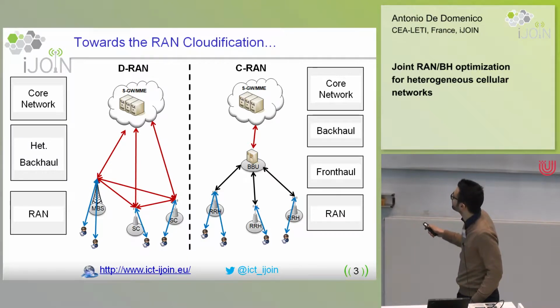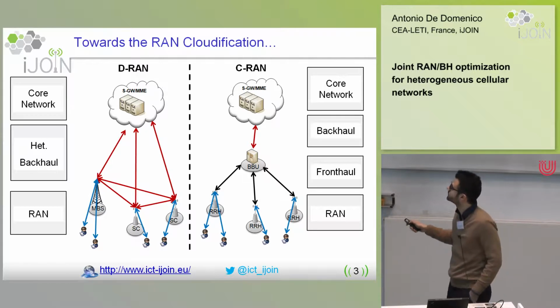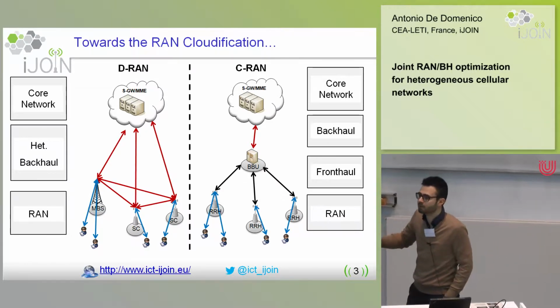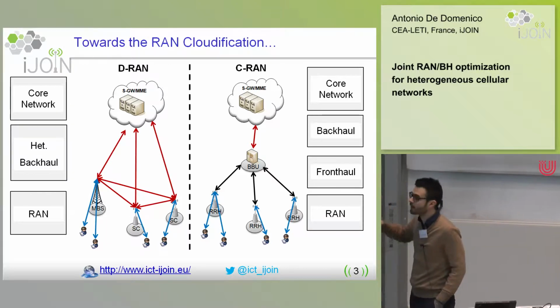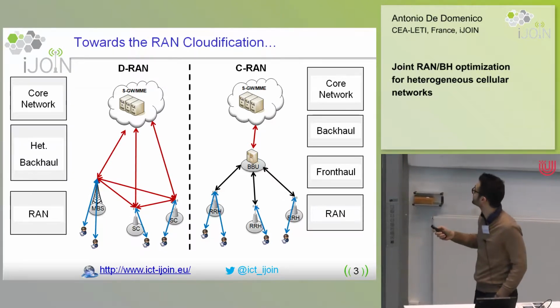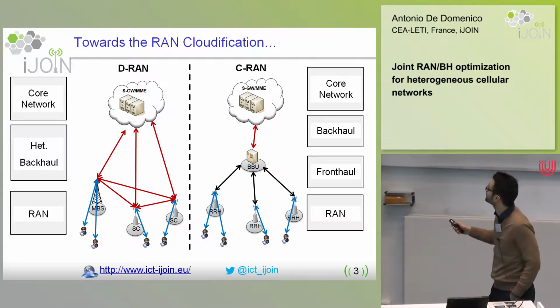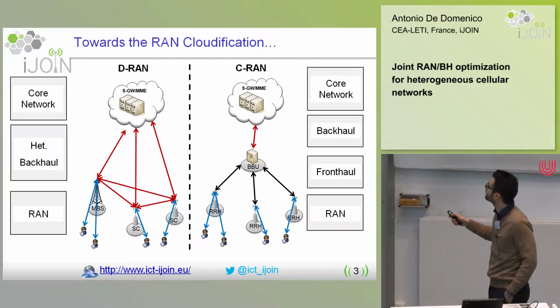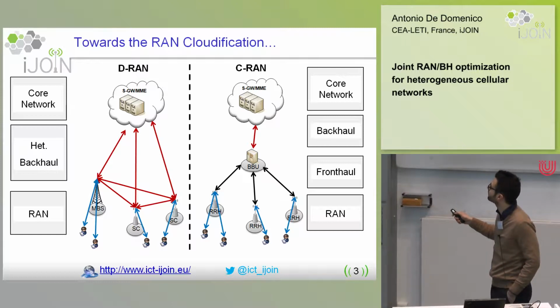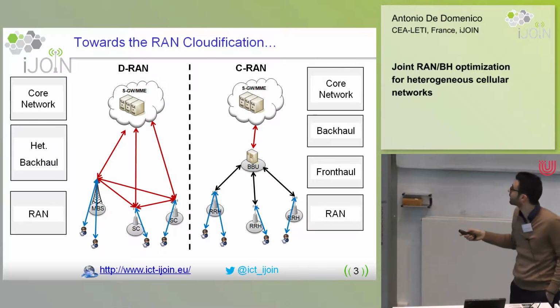these radiating elements are connected to a baseband unit pool through a fronthaul, where all the physical layer, MAC layer and so on, all the protocol stack functionalities are implemented. And this option then permits the connection of the baseband unit to the core network through a classic backhaul.